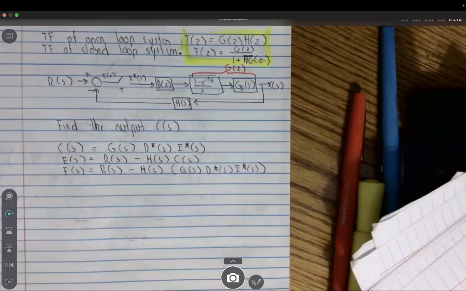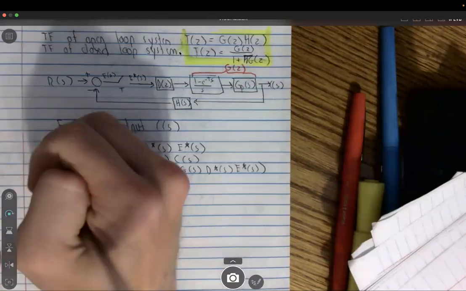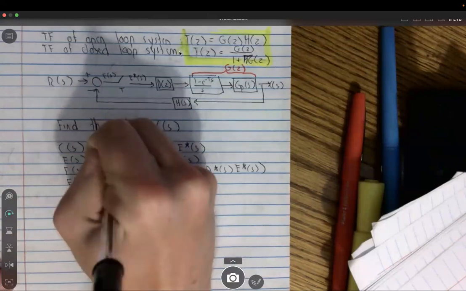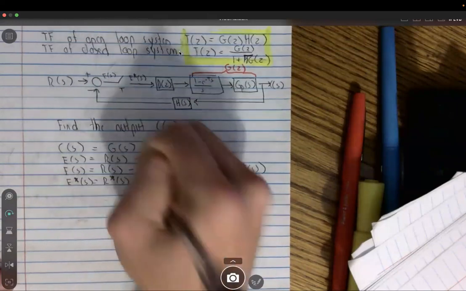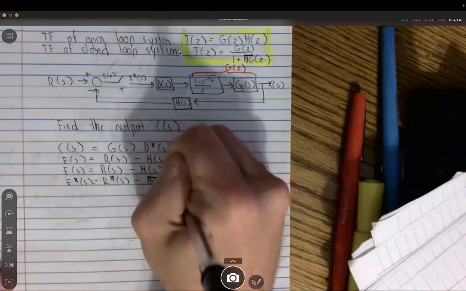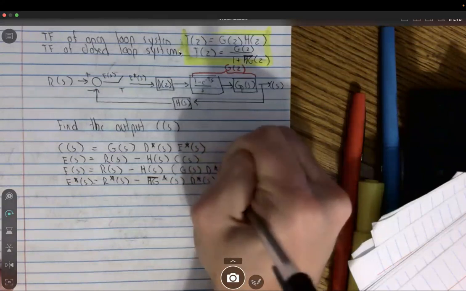And so what we're going to see here is, when we need to solve specifically for our system, taking the star transform of both sides, you're going to get E star of s is equal to R star of s minus HG combined star of s times D star of s times E star of s.